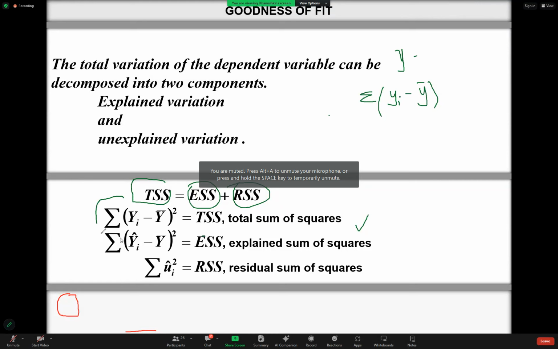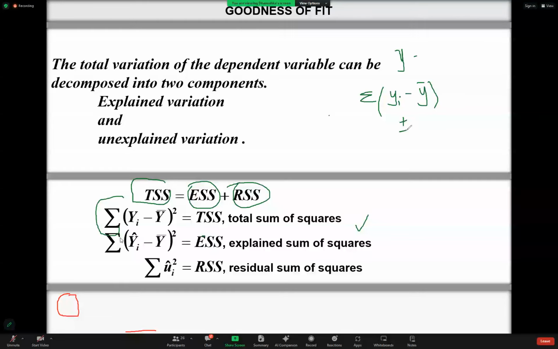You add all these values. If you take yi minus y bar, some values are plus, some values are minus, so this will become 0. That's why we take the square of it, and we call it total sum of square.